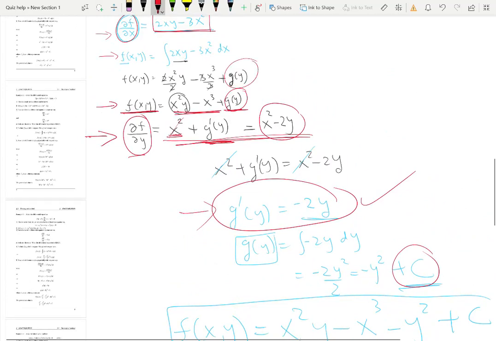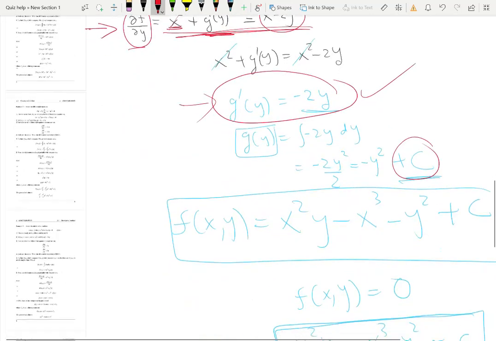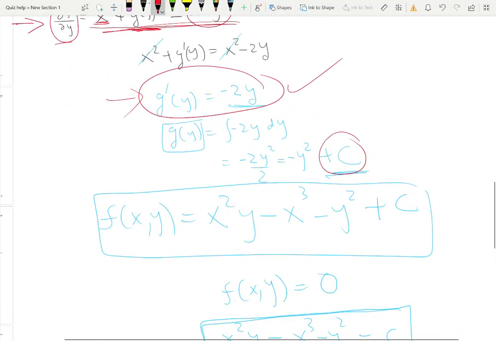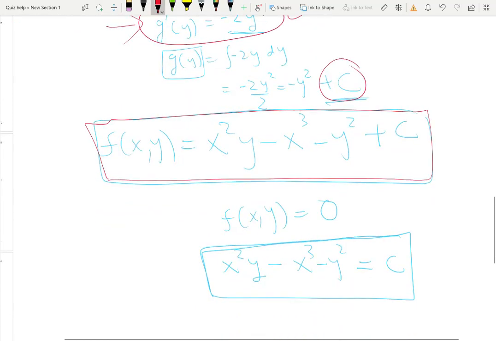So we replace the g that we found in f. g was negative y squared plus c. So f is this. Now f is equal to 0, and this equal to 0 is the solution for the differential equation. I can rewrite it by taking plus c to the other side. This is the solution. That is how you find the solution of an exact equation.